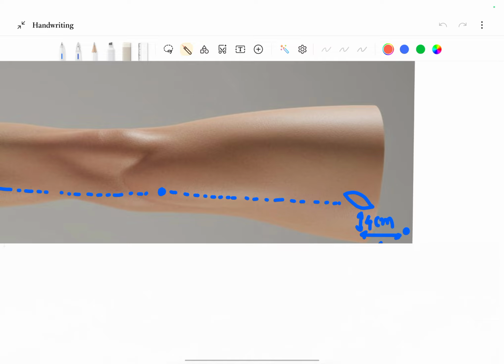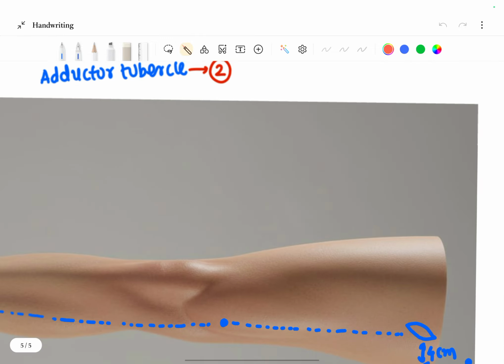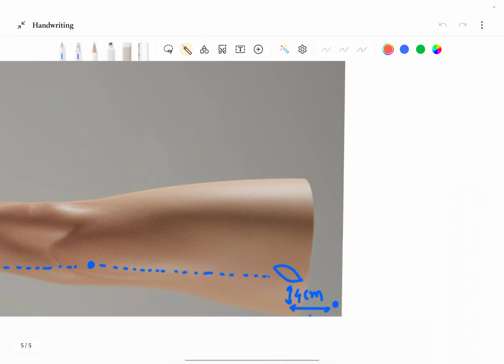Now let us see the femoral artery. The femoral artery's first point is at the mid-inguinal point, and the second point is at the adductor tubercle.